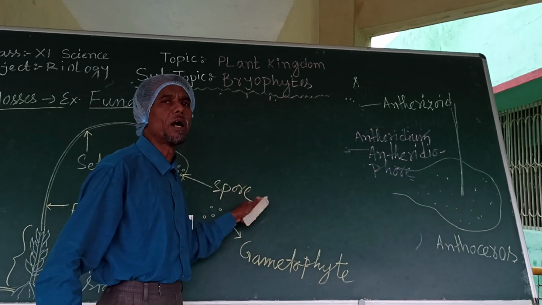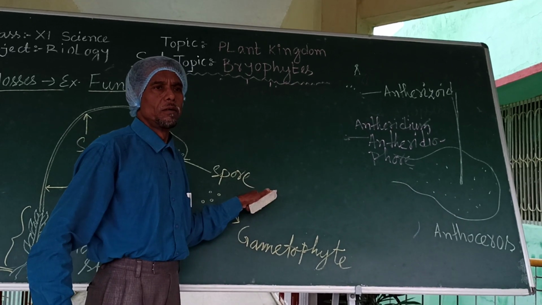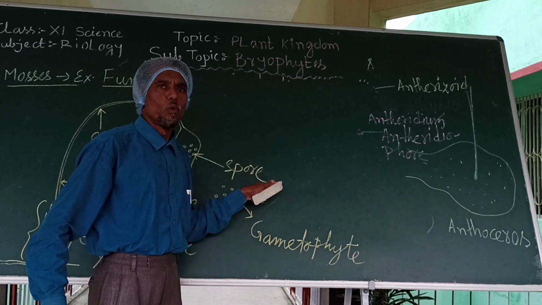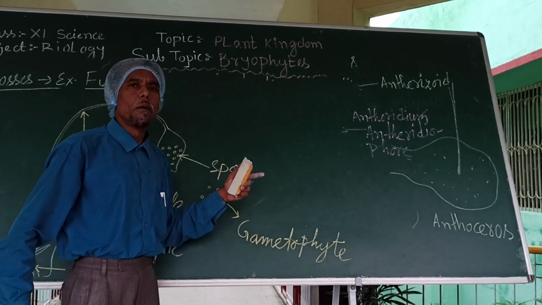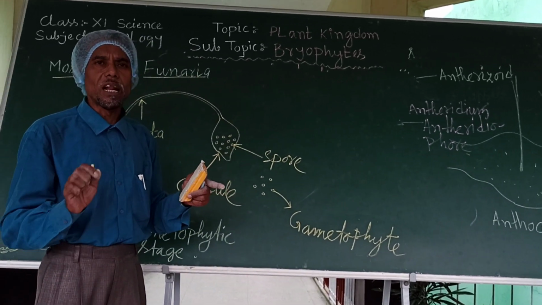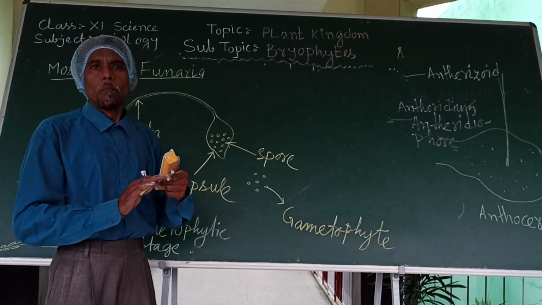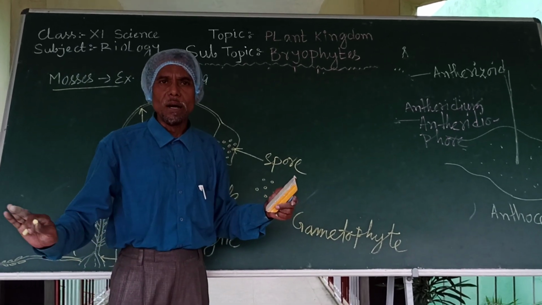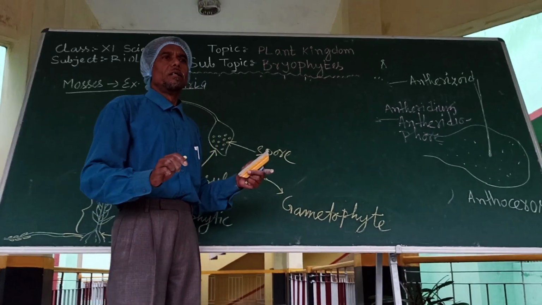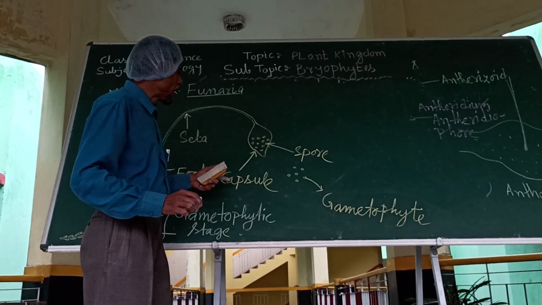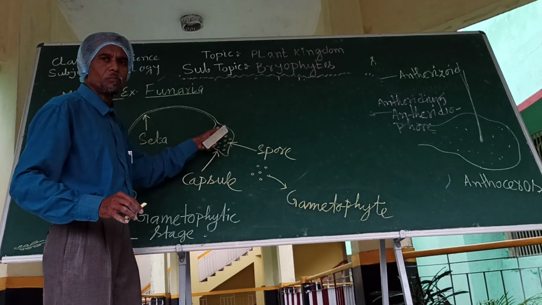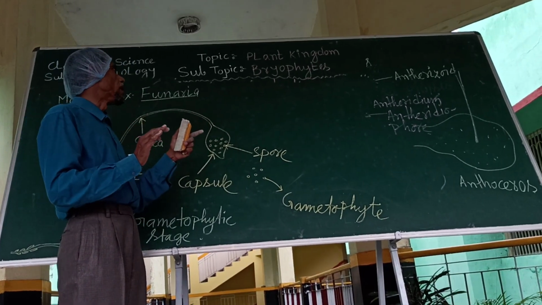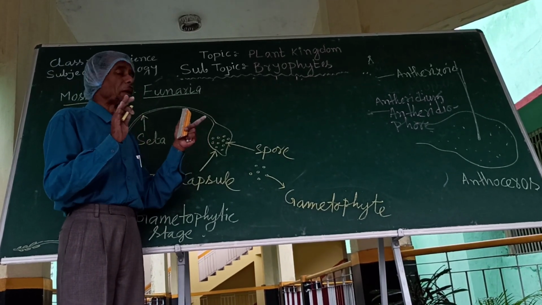Sporophyte is a part in their life cycle, and this one depends on the other, repeating continuously. The parent body is thallus-like, doesn't have vascular bundles, and they bear the spore only in the sporophytic stage. So this is all about the bryophytes.